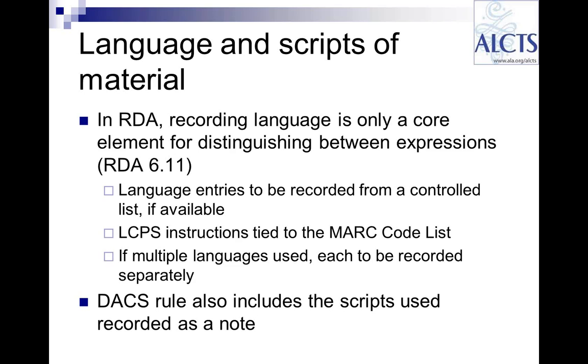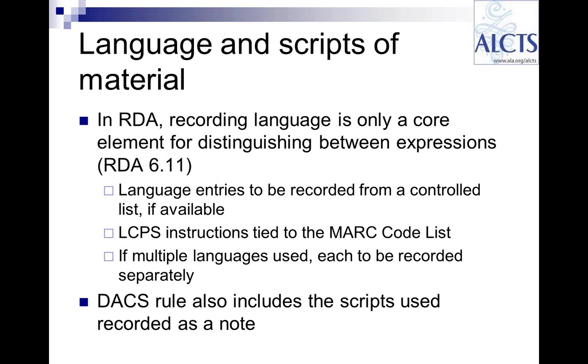The last element in this core minimal set for describing archival materials is the language and script. This is included in RDA in 6.11, but again, looking at that 4-part model for describing materials, this is an element related to the expression, which again may introduce some confusion for archivists trying to use these rules.